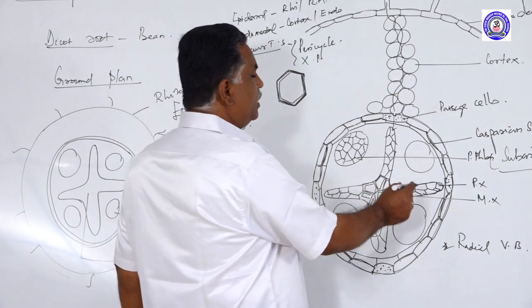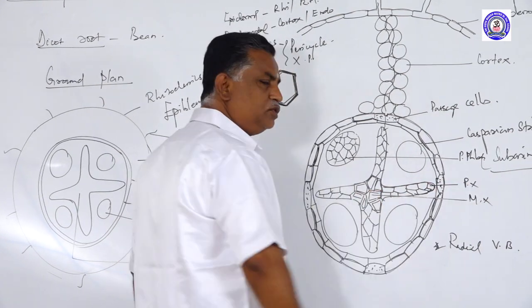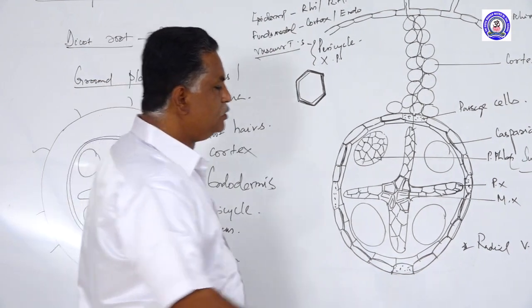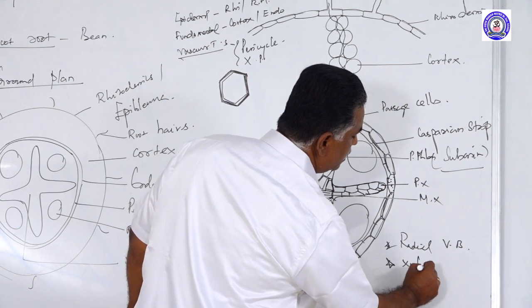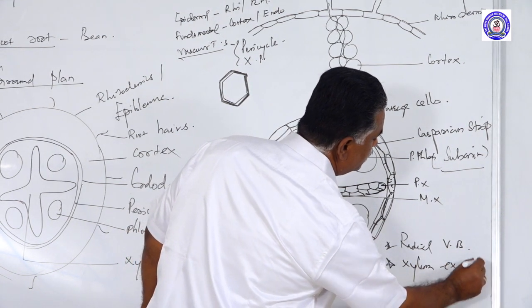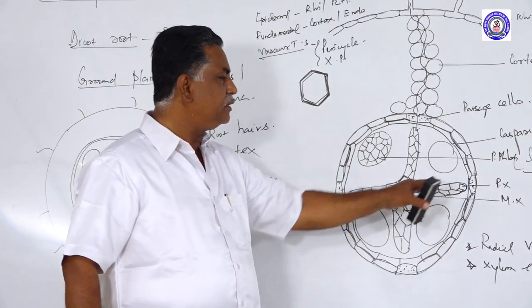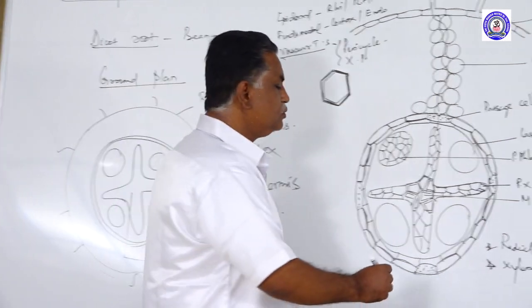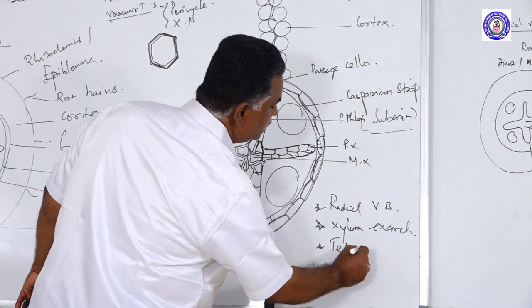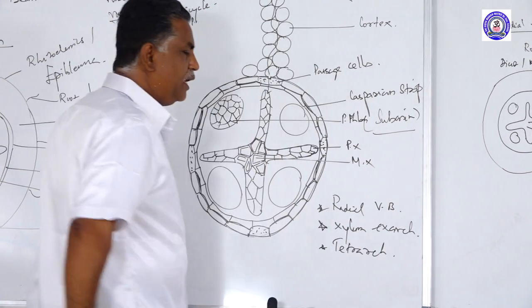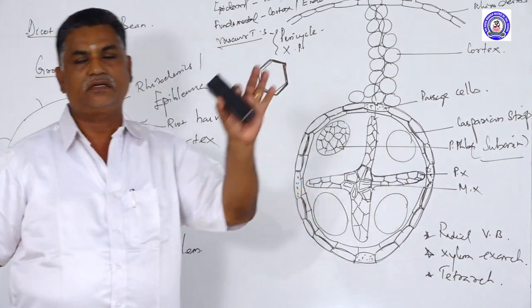Protoxylem is towards the periphery, and metaxylem is towards the center. And so the xylem is exarch. Now, how many protoxylem points are there? 4 protoxylem points. So again it is called tetrarch. So the vascular bundle is radial, and the xylem is tetrarch exarch.